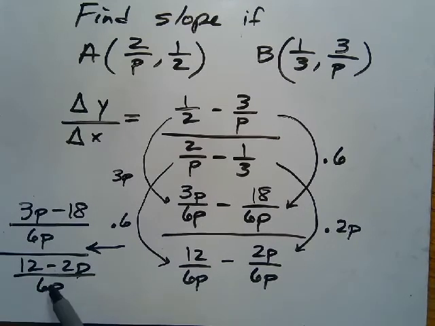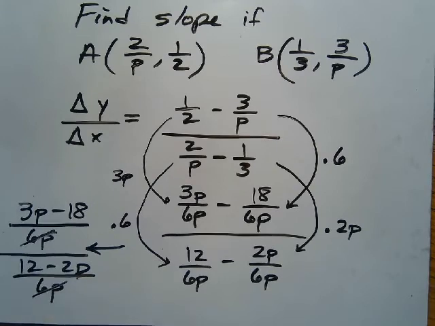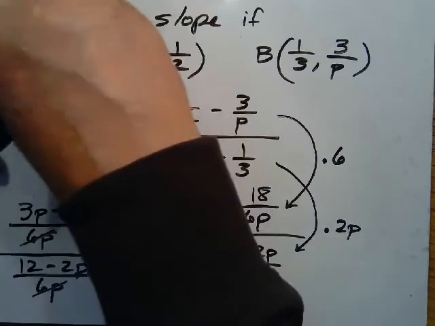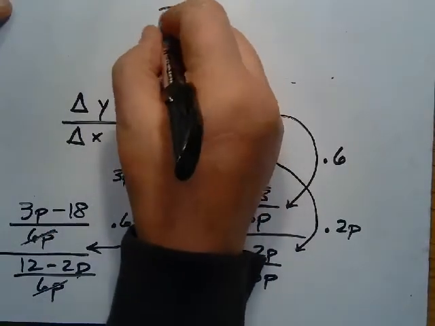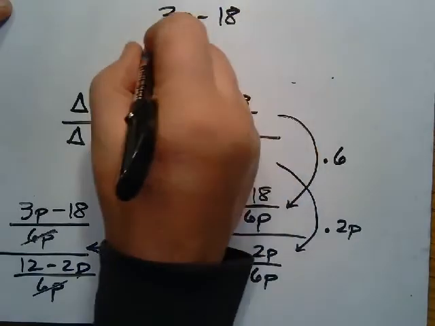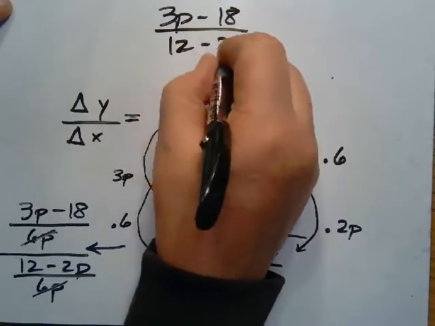Well, if I change, flip here, and I keep this one, change to multiply, and flip this one over, I end up getting rid of the 6p's. They end up canceling, just like they did in the last problem. And I have 3p minus 18 over 12 minus 2p. Now I'm out of room here, but let's just go ahead and stick that up the top up here. Okay, I'm finding the slope, right? So I had 3p minus 18 over 12 minus 2p.